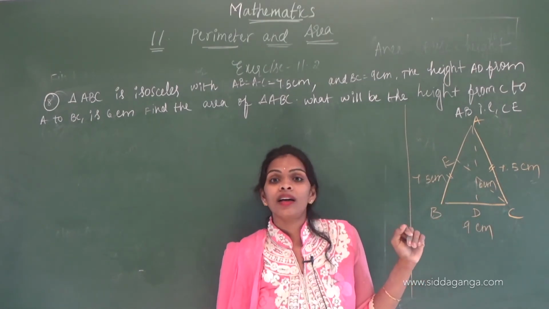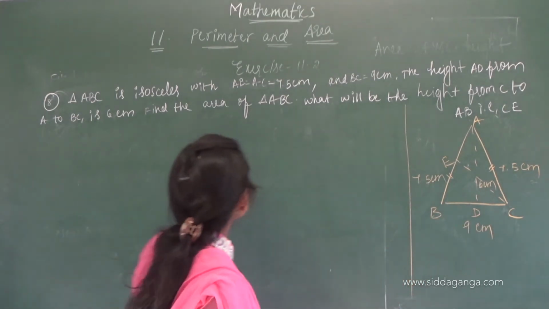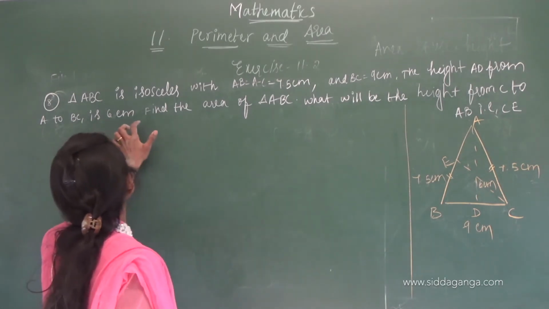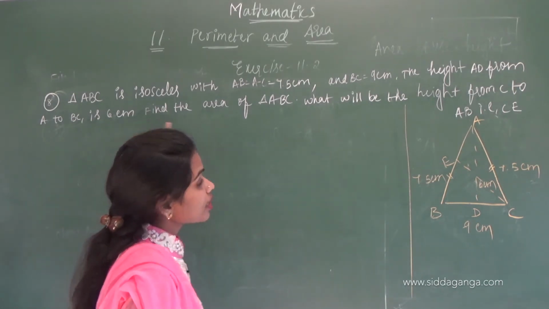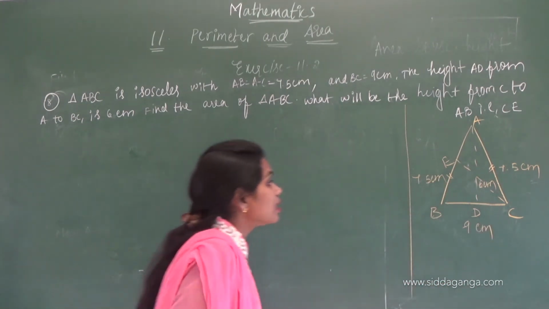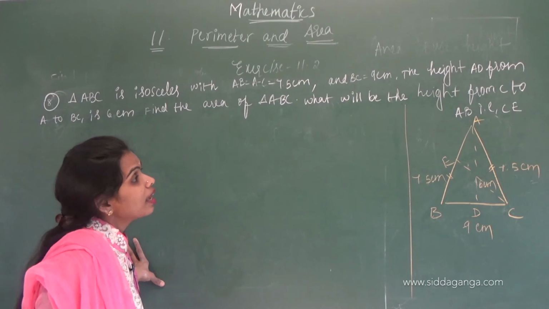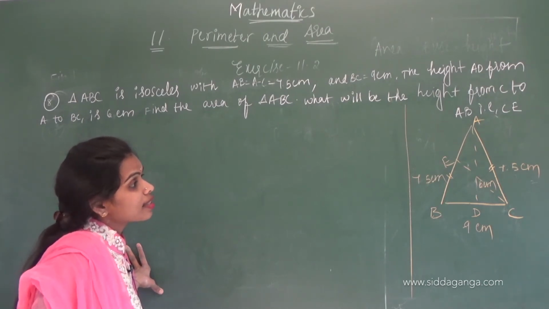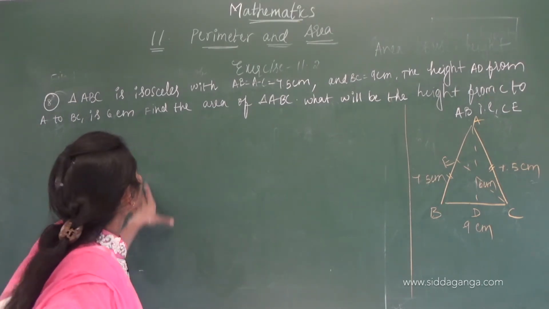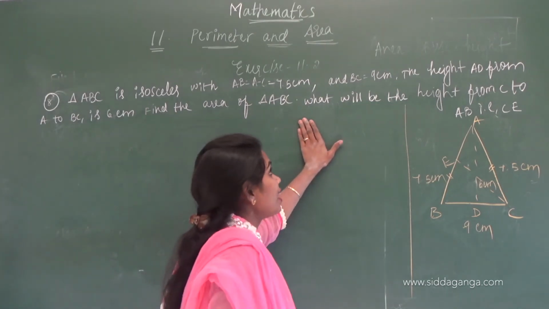The AD length is also given, that is 6 centimeters. The perpendicular height from A to BC in triangle ABC is 6 centimeters. Find the area of triangle ABC.